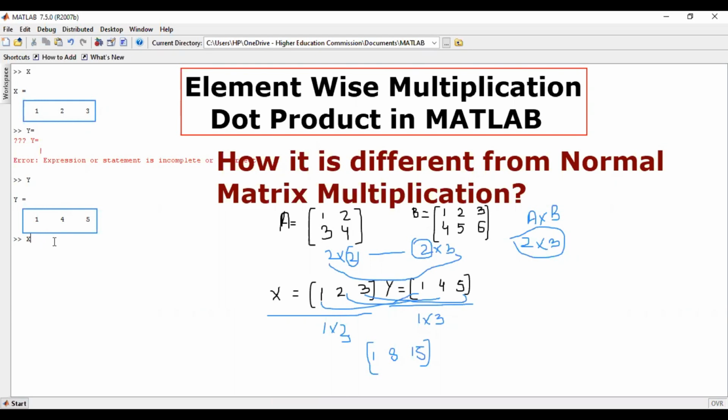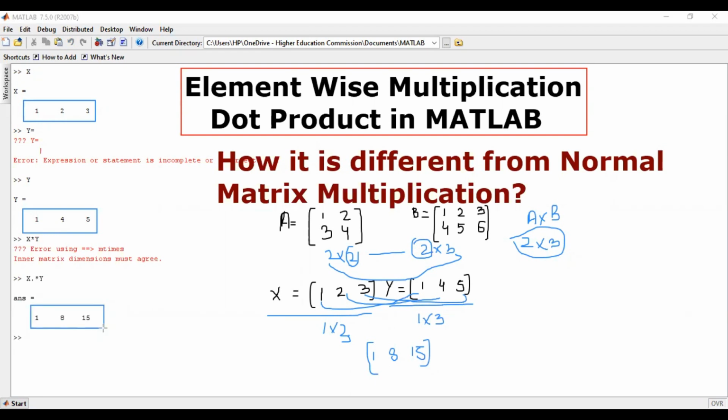If you simply write X star Y, it applies the normal matrix multiplication, and it says it is not possible: the inner matrix dimensions must agree. But if you apply X dot star Y, that means you're talking about the dot product or simple element-wise multiplication, which is possible here. And you see, it is the same result.